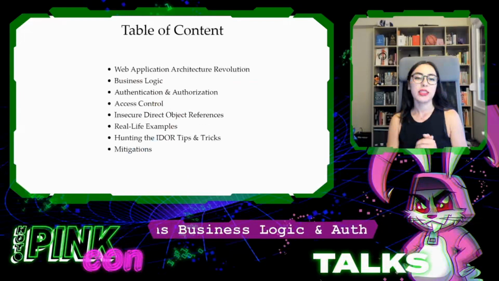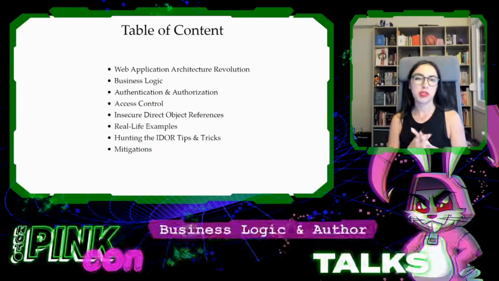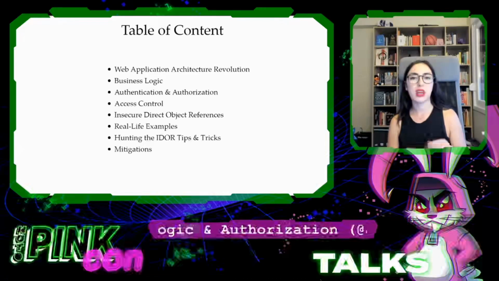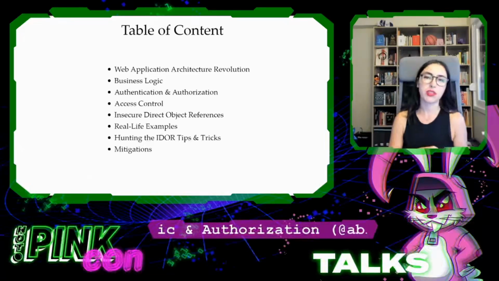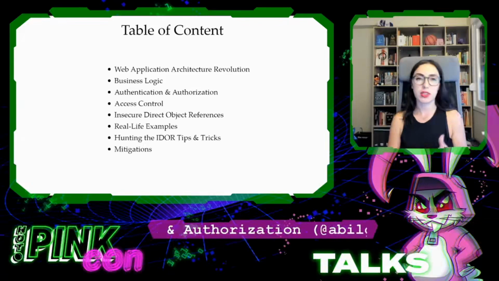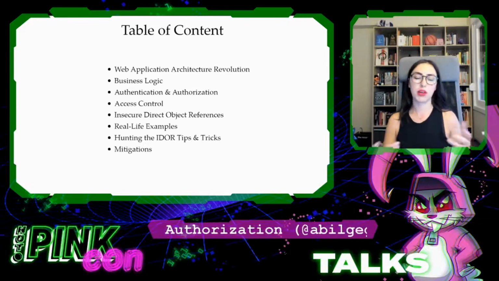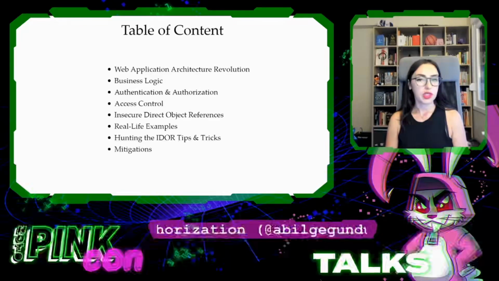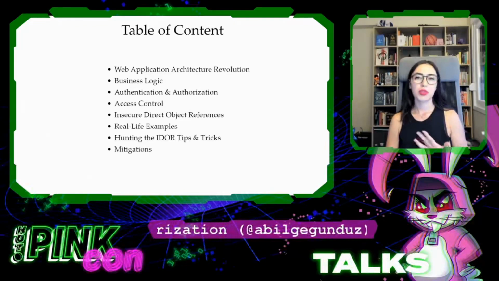Okay, let's talk about our table of contents. First, I will give brief information about web application architecture evolution, which is the difference between how the architecture was in the past and how it is today, the modern web architecture. And then we will talk about business logic. Then we will talk about authorization and authentication.